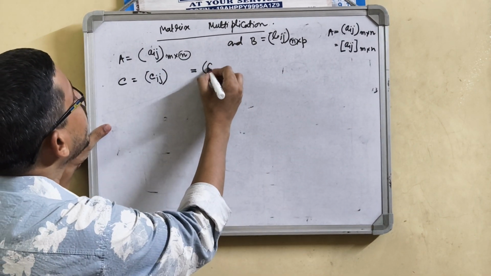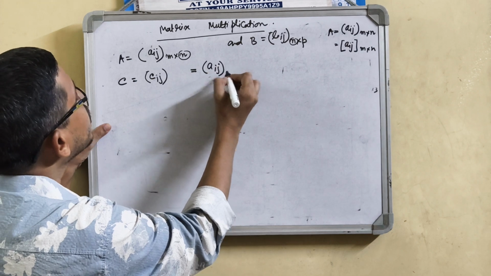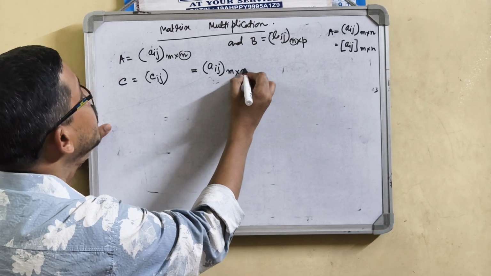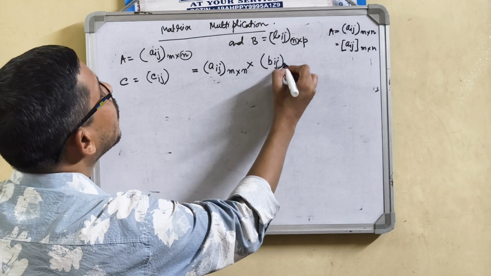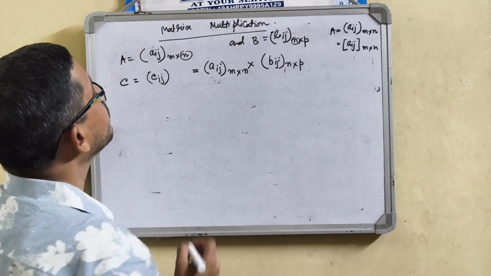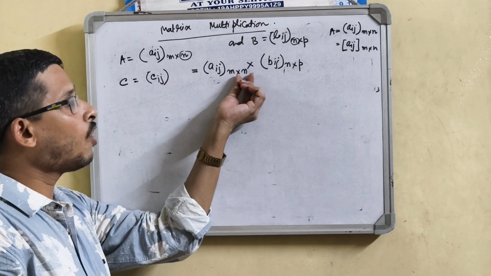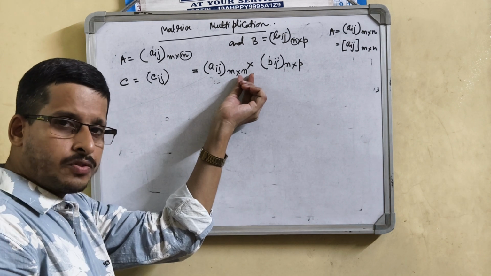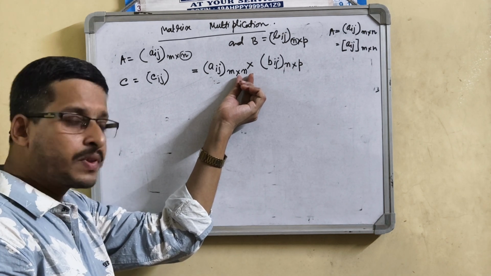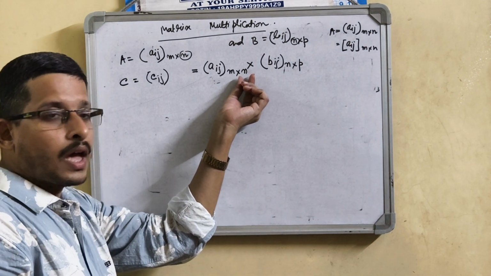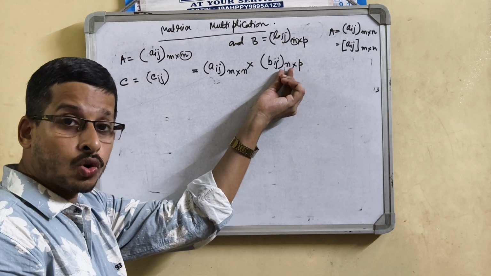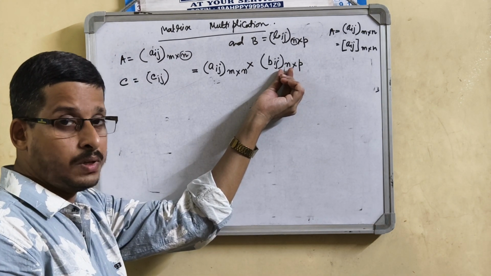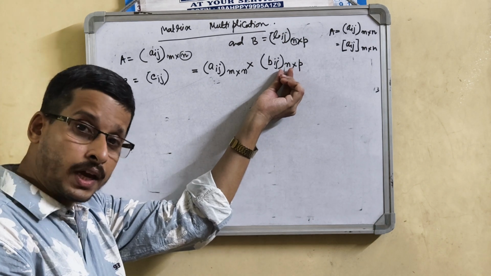That means Aij of m by n times Bij of n by p. Here the number of columns of the first matrix A, that is n, is the same as the number of rows of the second matrix B, which is also n.